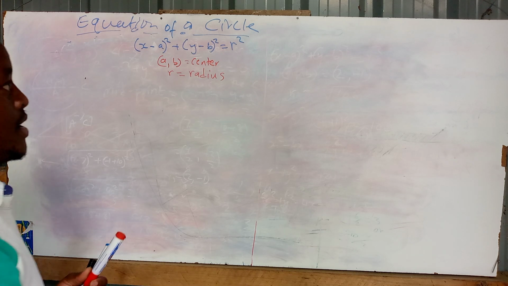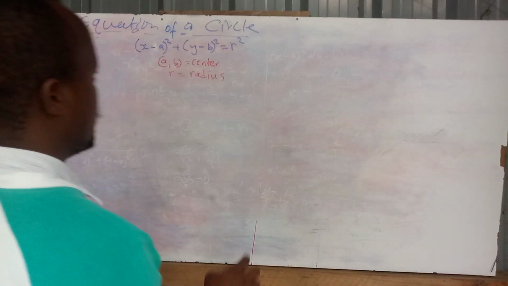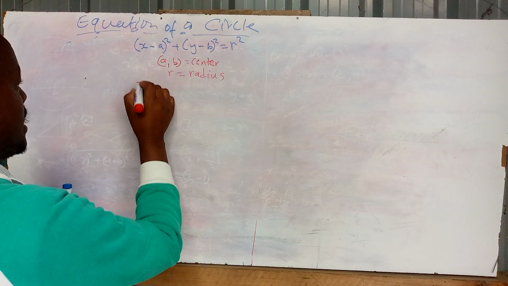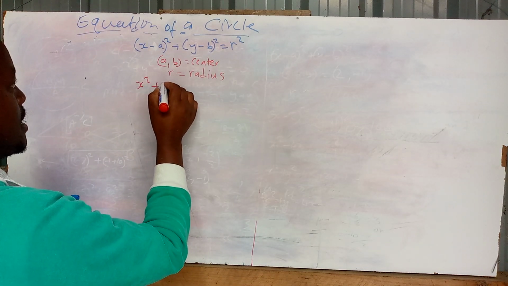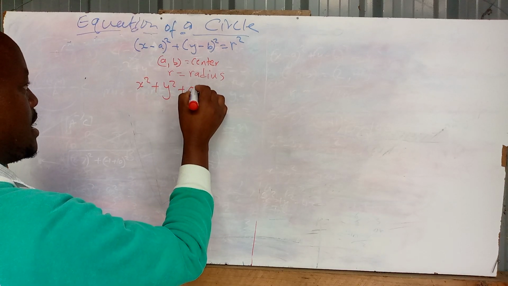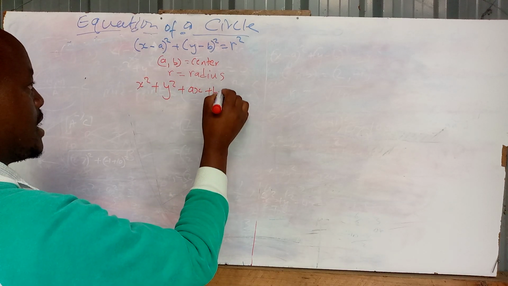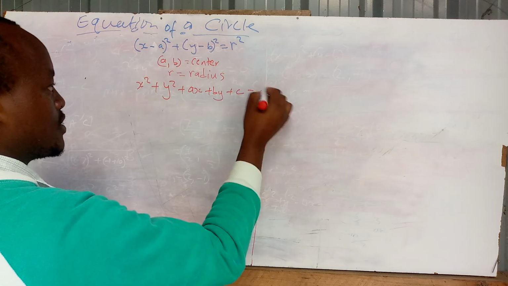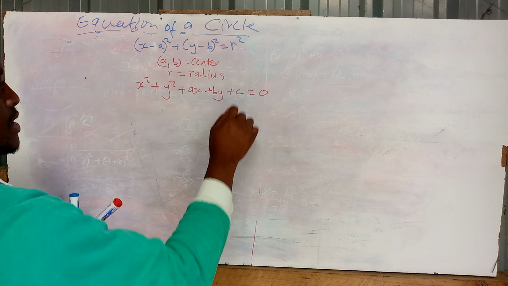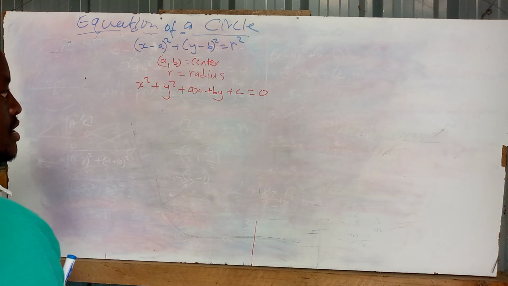So the general equation, the expanded equation, is normally in the form x squared plus y squared plus ax plus by plus c is equal to 0, where a, b, and c are constants.